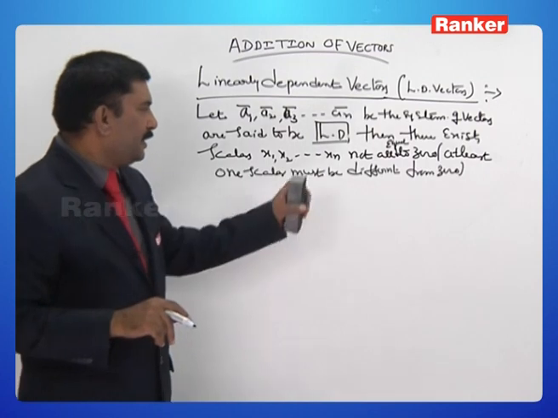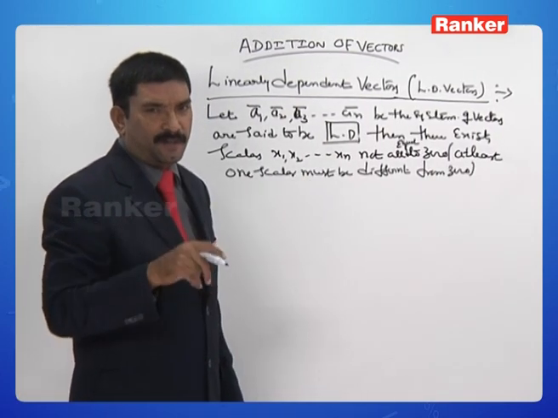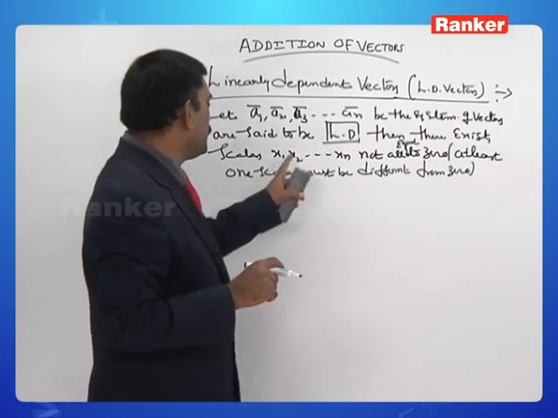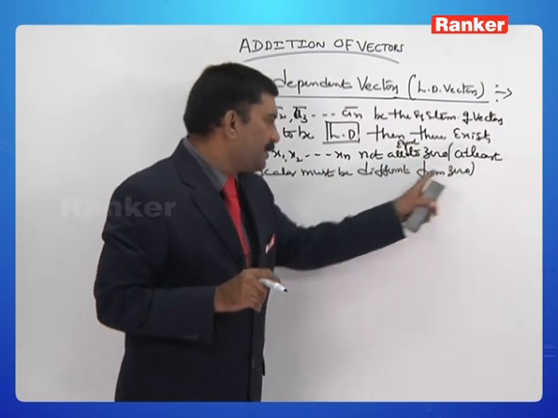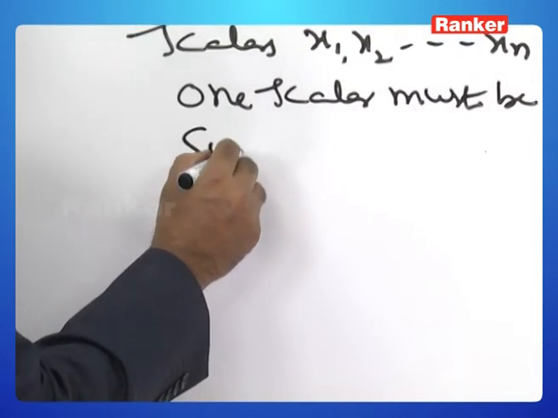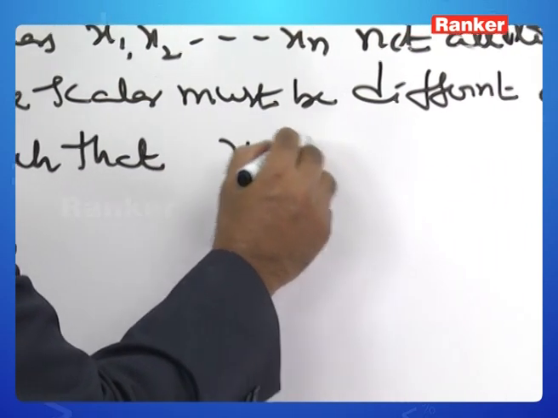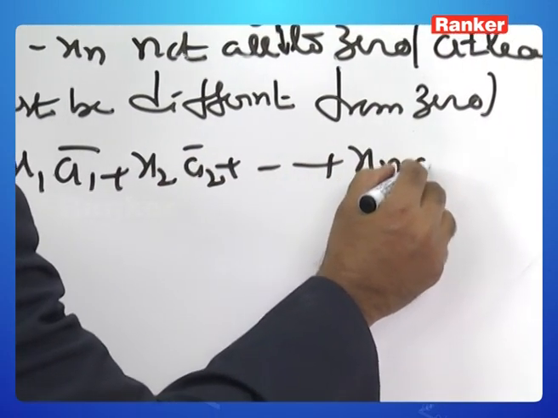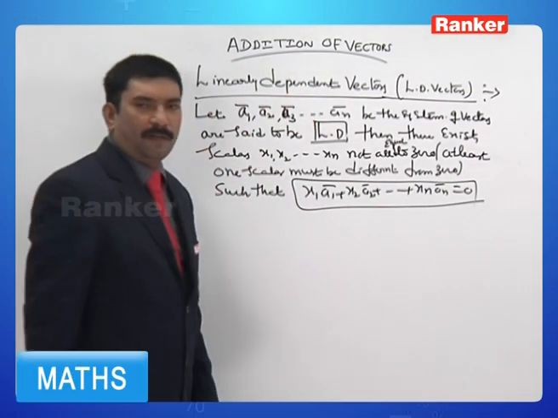So there exist scalars x1, x2 and so on, xn, not all equal to 0, meaning at least one scalar must be different from 0, such that the linear combination of vectors is equal to 0.